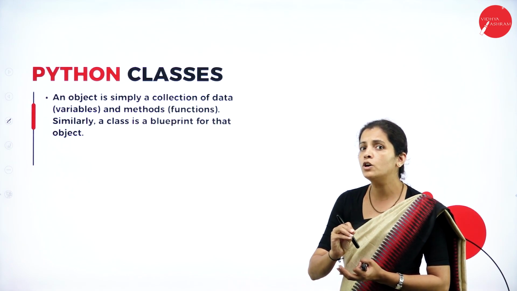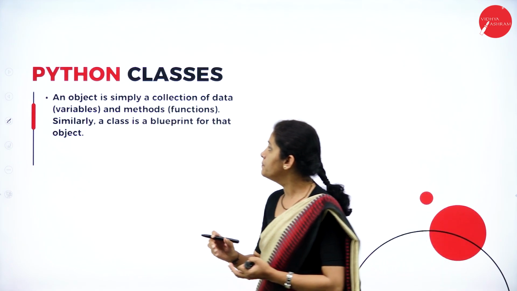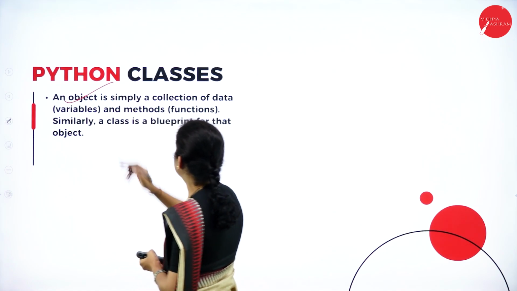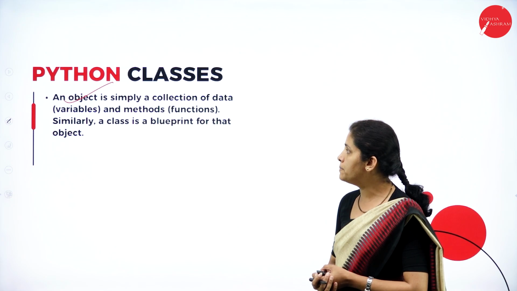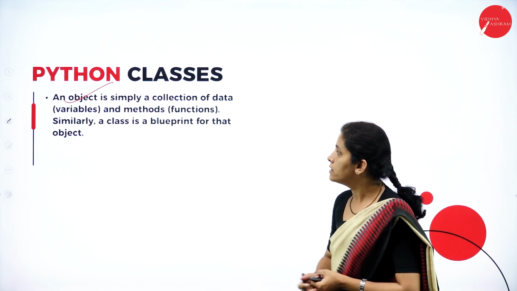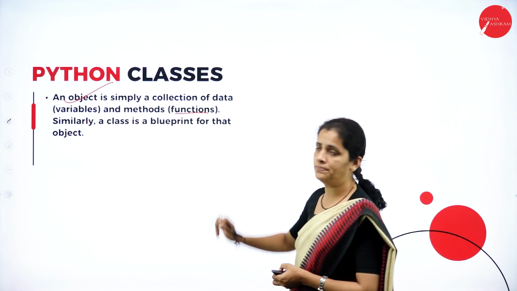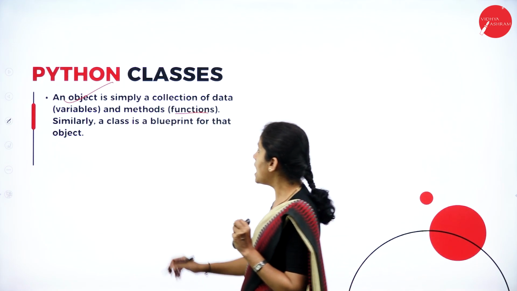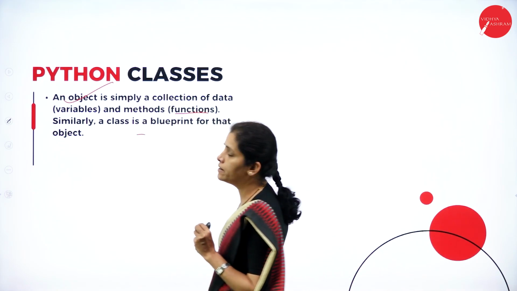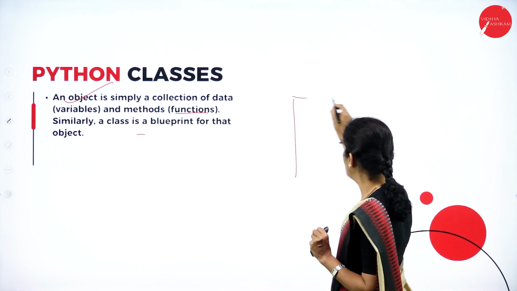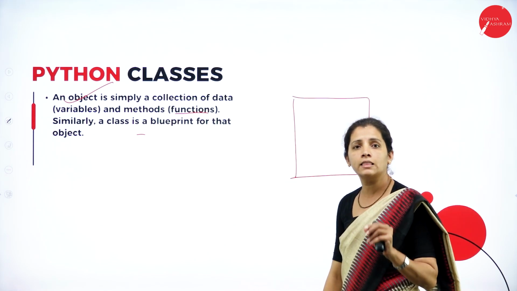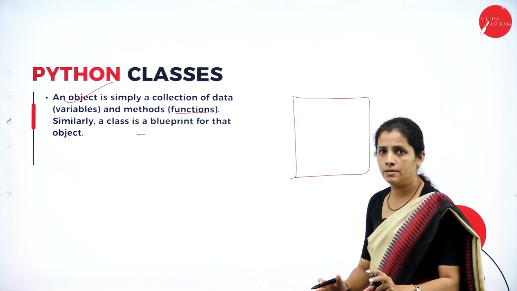And what about object? See here, an object is simply a collection of data, variables and methods, that is nothing but functions. Whereas class is a blueprint for that object. So if I consider room, room is nothing but the class.